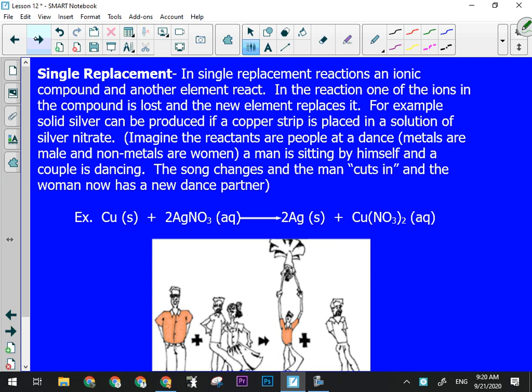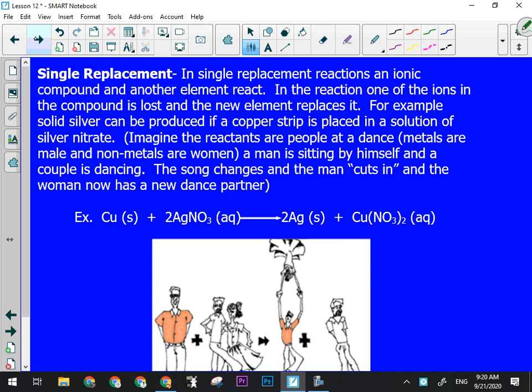So what we have here is our example: I have copper as a solid, like a penny or a piece of copper wire or something like that. And it's reacting with a solution of silver nitrate. AQ means aqueous, so it's dissolved in solution.